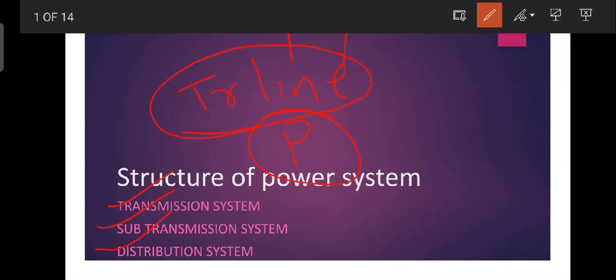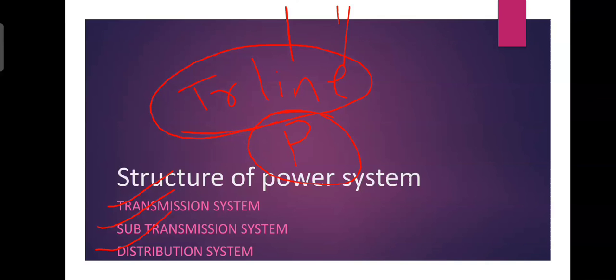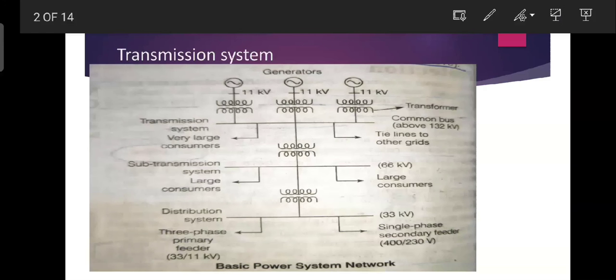Then we will go to our next slide, that is the transmission system. The transmission system first contains generators. A bulk amount of various types of generators are connected here, and they produce 11 kV, which may depend on the generating capacity.